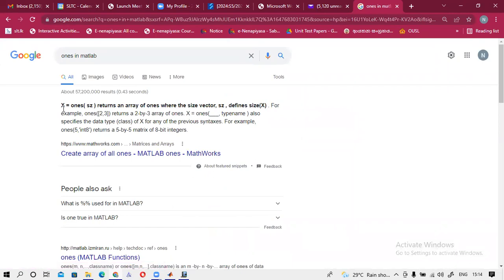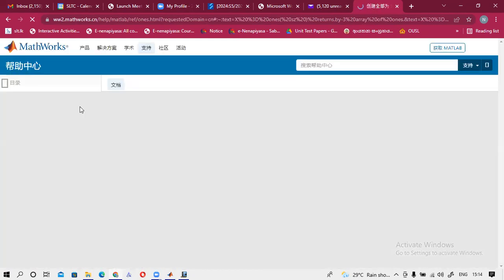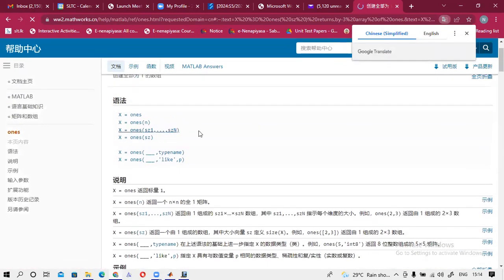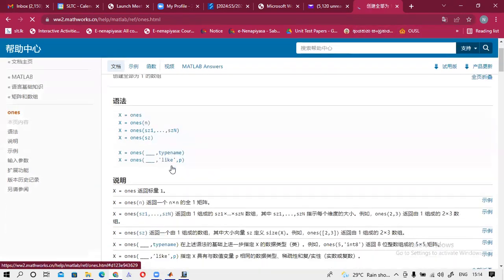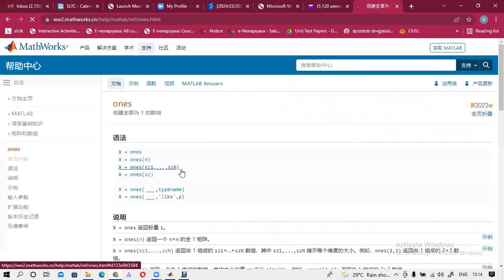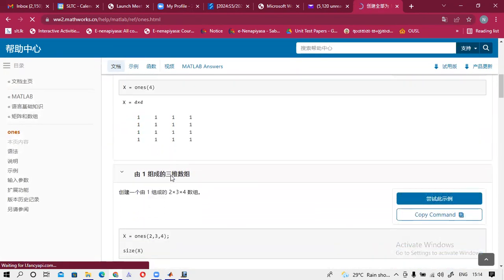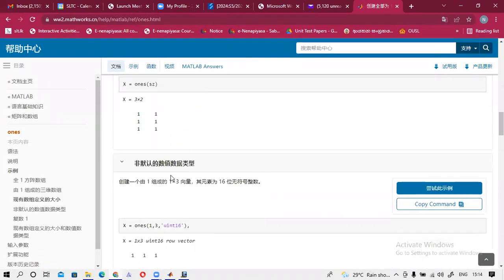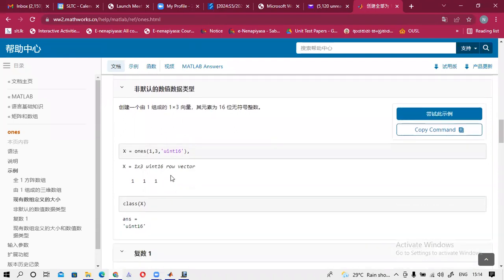So you can see here the ones function. This is the statement, and you can give the size here directly. You can see some examples also.